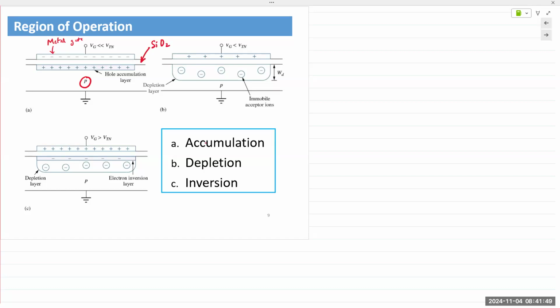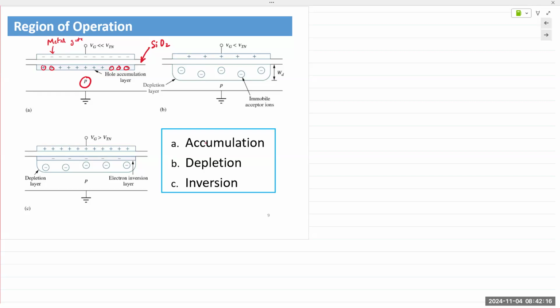Negative charges in close proximity to positive charges. Opposite charges attract. And so there is a collection of positive charges, or holes, that accumulate right below the oxide layer, close to the surface. This layer is very, very thin. So it's a very thin sheet of layer.